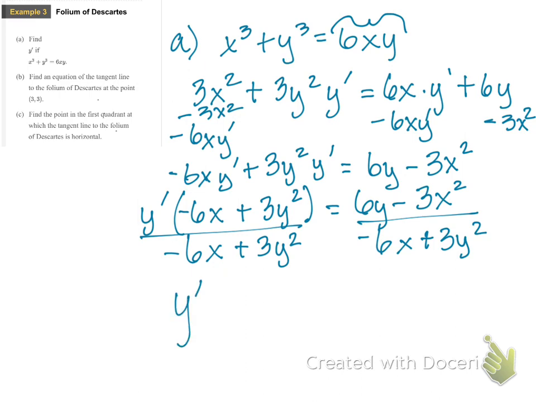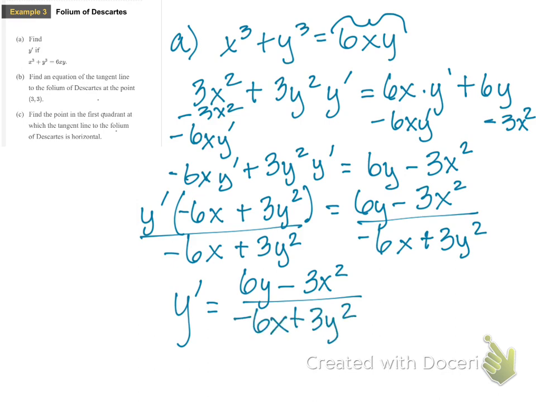So y prime is equal to the ratio 6y minus 3x squared over negative 6x plus 3y squared. Okay. They simplify in the textbook. They drop everything down by 3 because you've got 6s and 3s.